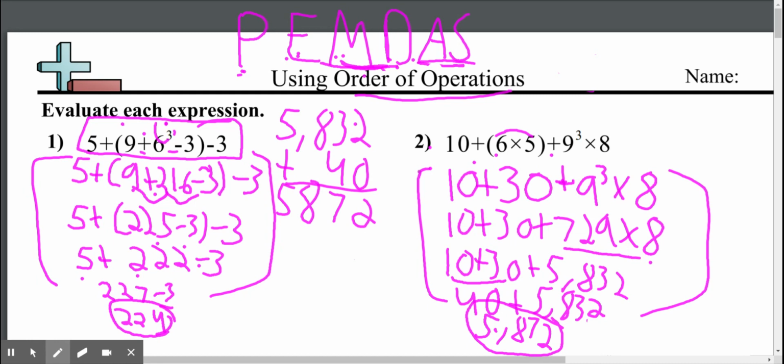I know it's tedious, I know it's writing down a little bit more, but remember, doing that little bit of extra work will guarantee a better accuracy of solving these problems, okay? So, always remember the rules of PEMDAS. Always remember that with multiplication, division, addition, subtraction are interchangeable, and you go from the left to the right. So starting from here, working on out over, okay?